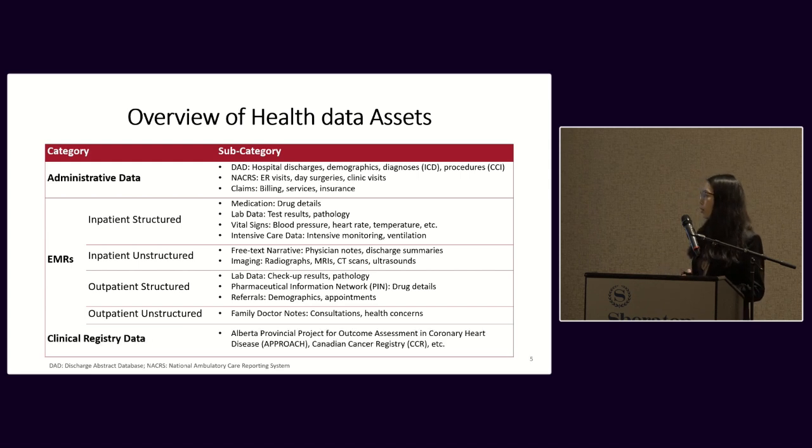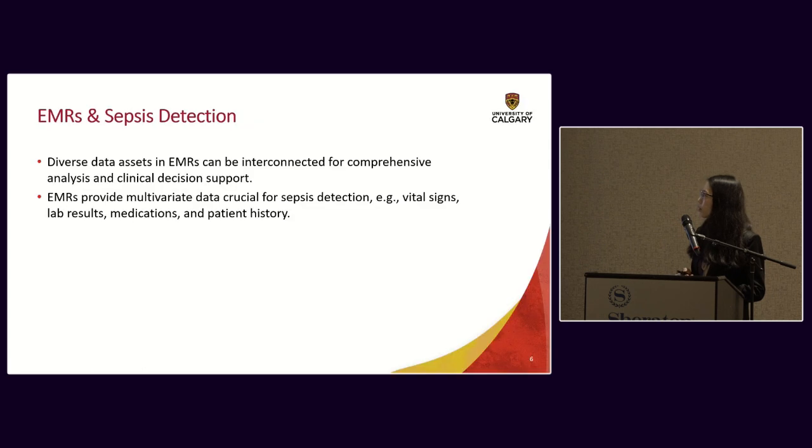And we also have many clinical registry data. Here I just put two examples, the APPROACH database in Alberta and the Canadian Cancer Registry data. So we can see from this table, we have lots of different data sources and different data types. If we can combine all these diverse data sets and connect them together, then we can facilitate a comprehensive analysis, modeling, and tool development for clinical support.